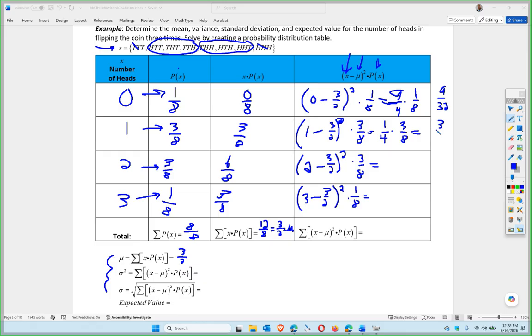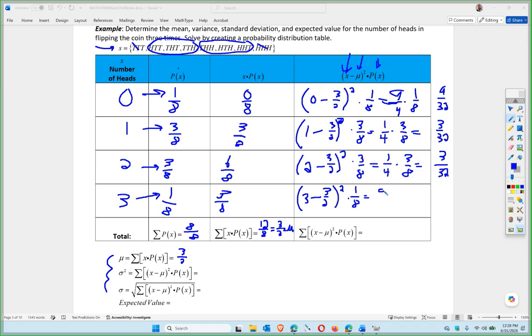So that's 3 thirty-seconds. 2 is really 4 halves, so 4 halves minus 3 halves is 1 half, so I square it, I get 1/4, times 3/8 is 3 thirty-seconds. Then 6 halves minus 3 halves is 3 halves.